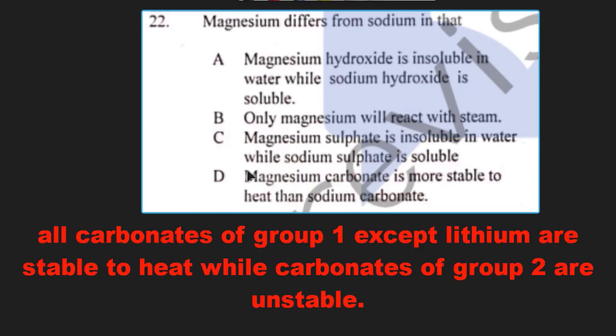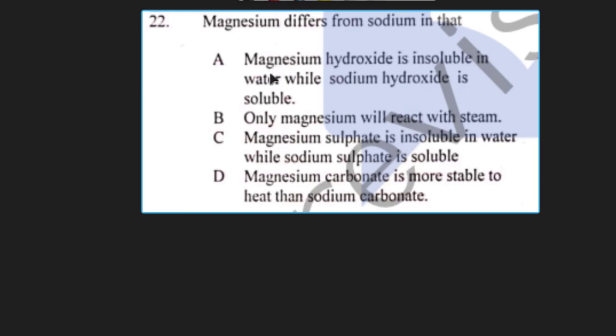Carbonates of group 1 are stable to heat except lithium carbonate, and all carbonates of group 2 decompose when heated. So even though magnesium hydroxide is not totally insoluble, it is sparingly soluble. So the solubility of sodium hydroxide exceeds that of magnesium hydroxide because sodium has high hydration energy. So our best option is A as our answer.